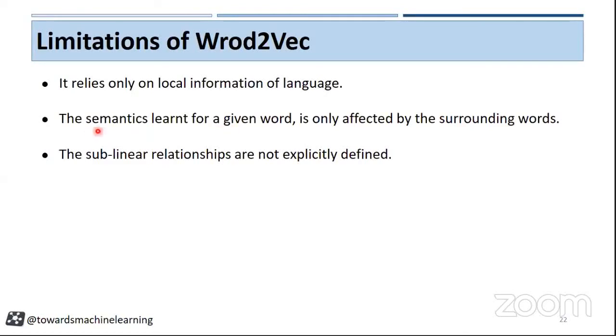That means the semantics you learn for the center words depend only on the surrounding words, and this kind of sublinear relationship is explicitly defined in this model.